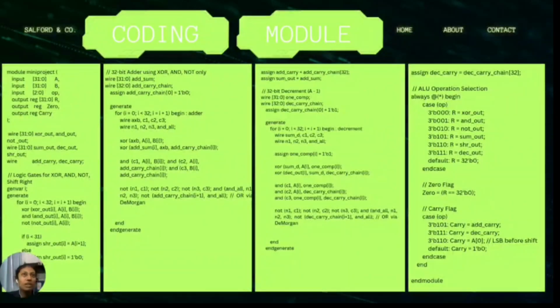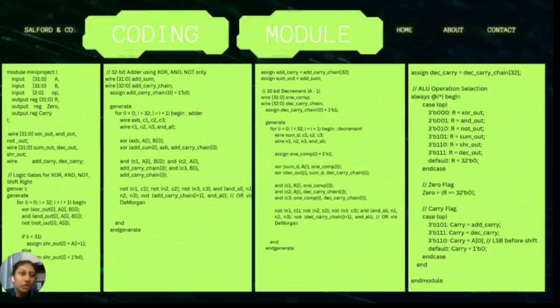So after every single cycle, it becomes 1 bit higher. And then next, else we assign the shift right output, when it becomes exactly equal to 31, we make it a 0. So that ends this coding part here.